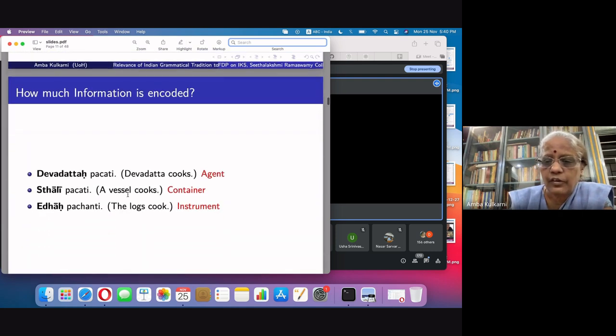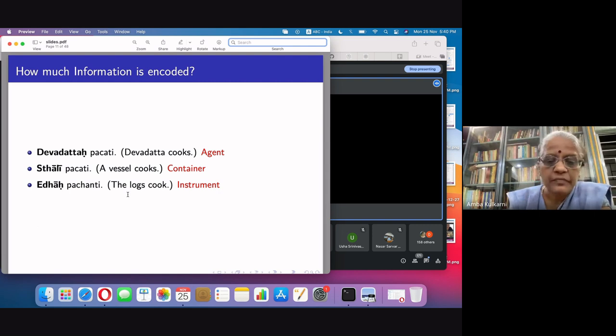But if you look at the English grammars, in English, they call Devadatta an agent, Sthali a container, and Edaha, this is the fuel, as the instrument. Yes, actually they are agent, container, and instruments.